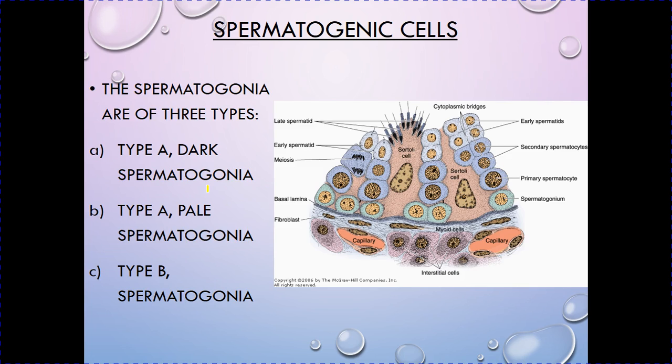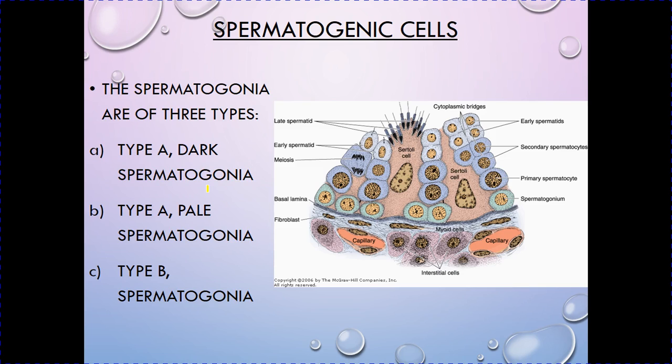The spermatogenic cells are actually those primitive germ cells which undergo sexual maturation. They divide into various stages of differentiation and finally form the spermatozoa.